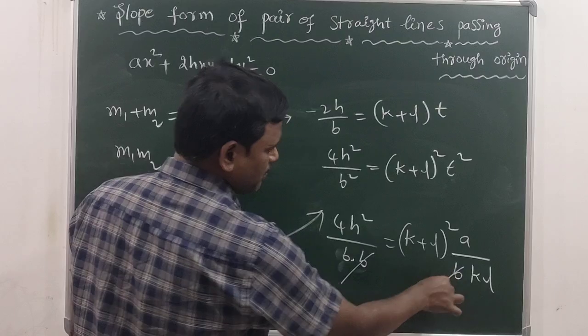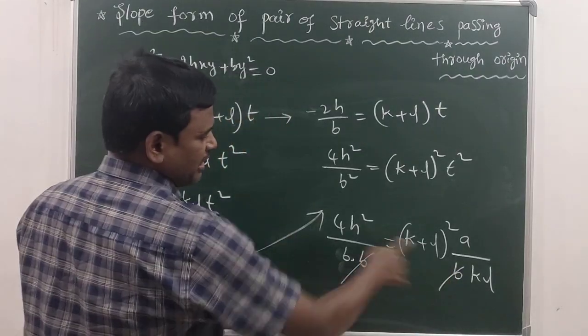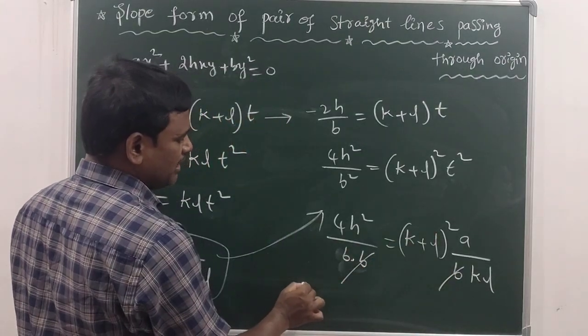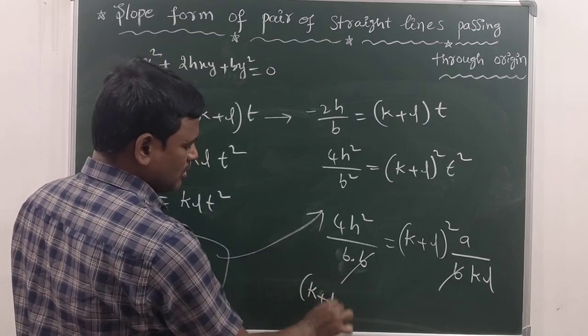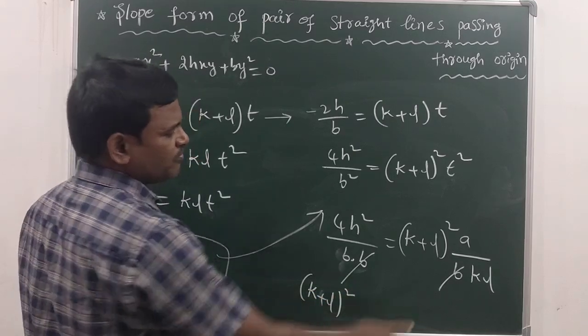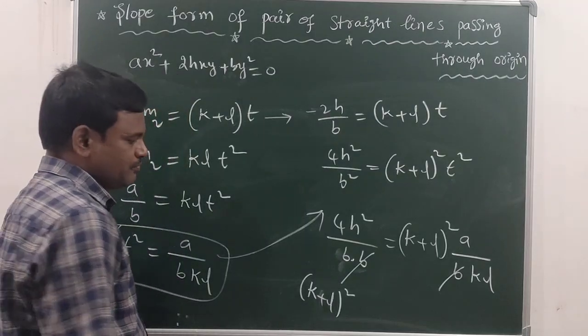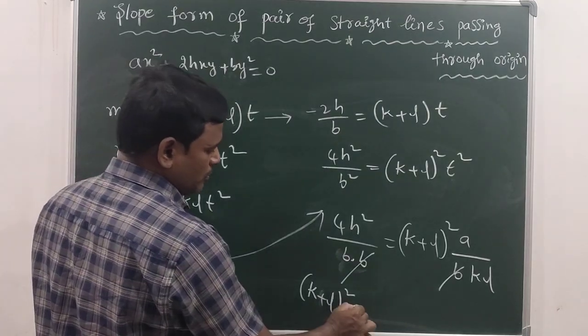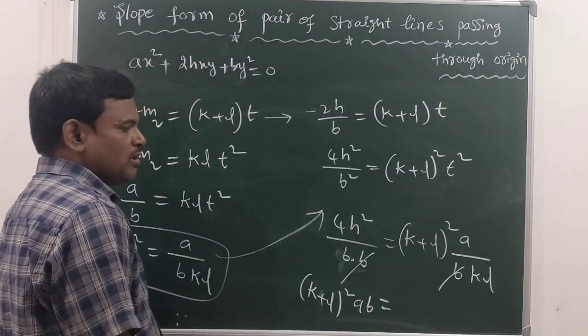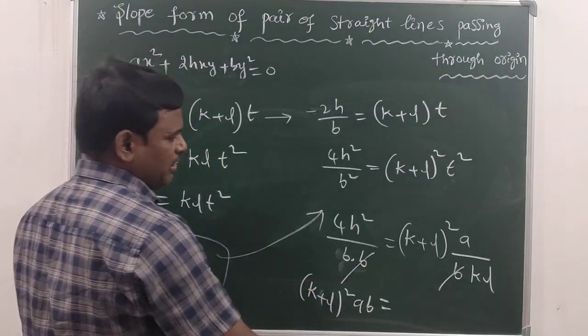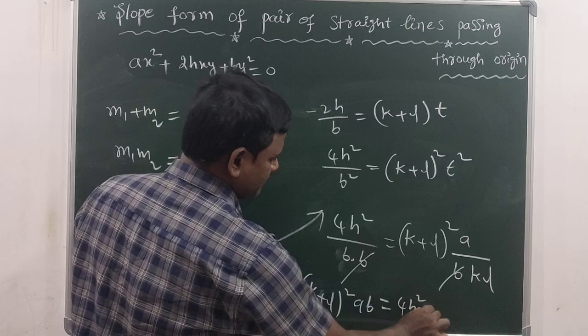One of the b cancels. Take cross multiplication so that you will get (k plus L) whole square into ab, which is equal to, see students, 4h square KL.